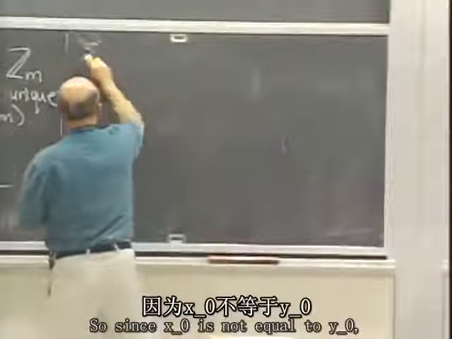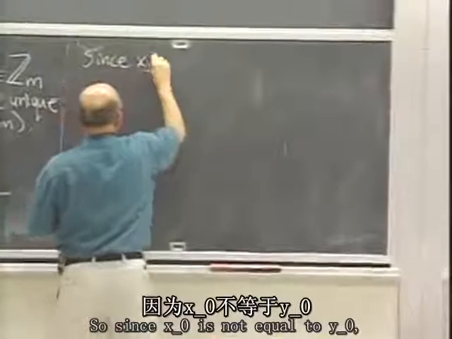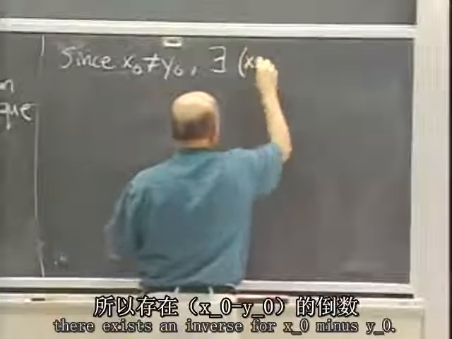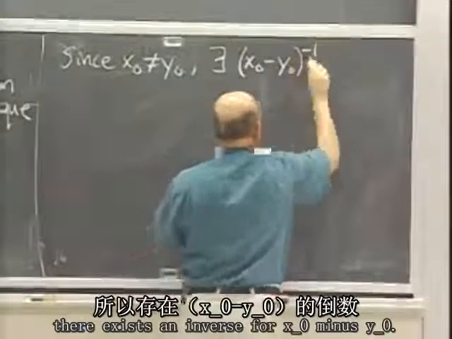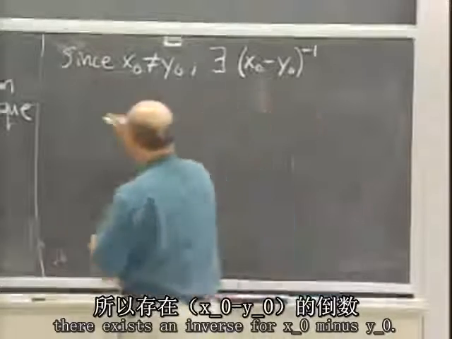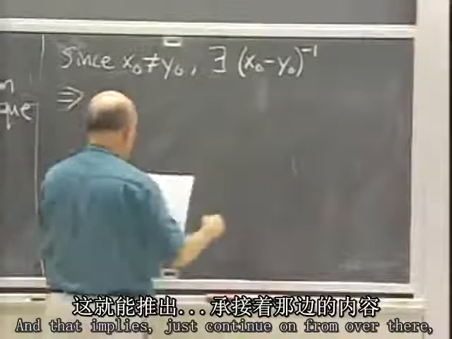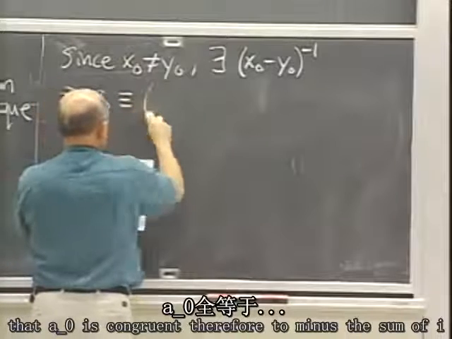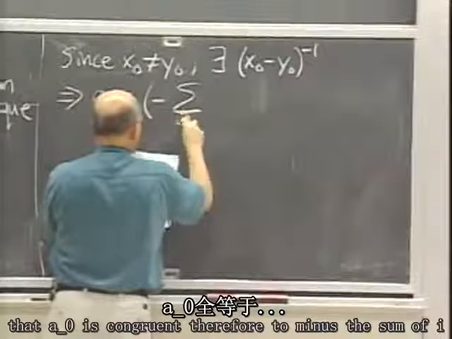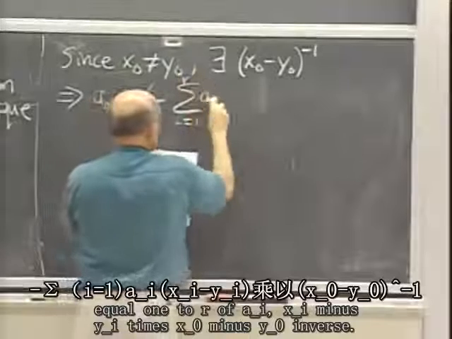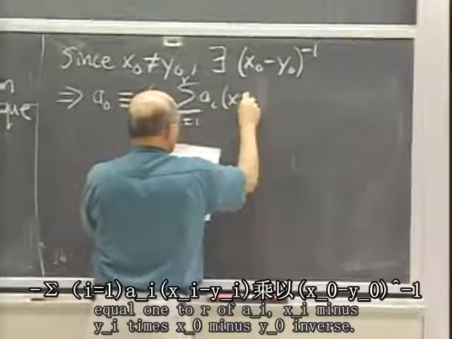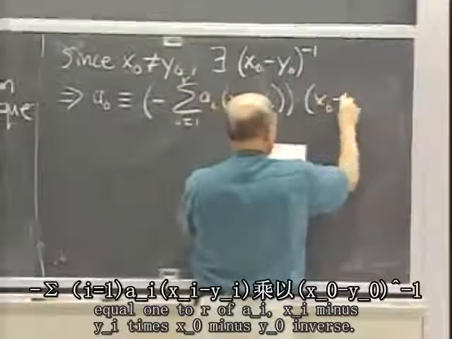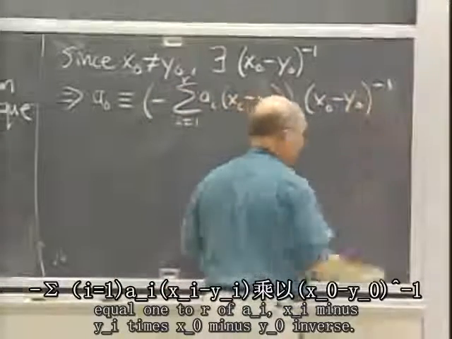Since x0 is not equal to y0, there exists an inverse for x0 minus y0. And that implies, just continue on from over there, that a0 is congruent, therefore, to minus the sum of i equals 1 to r of ai times (xi minus yi), times (x0 minus y0) inverse.